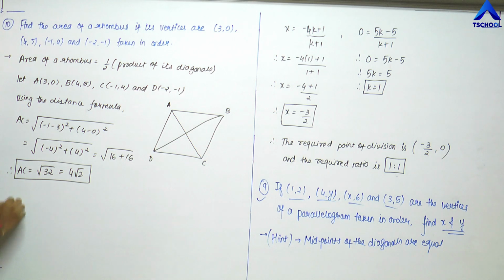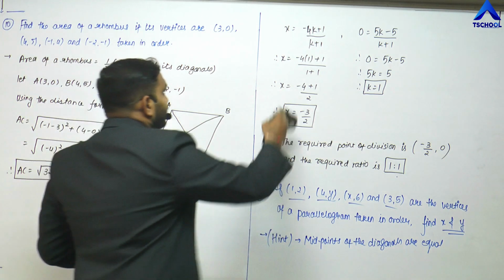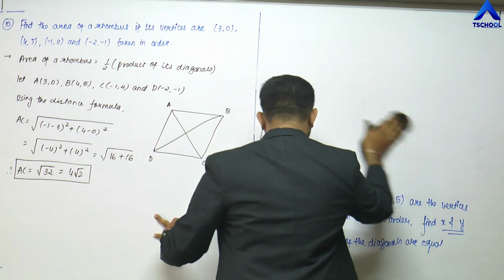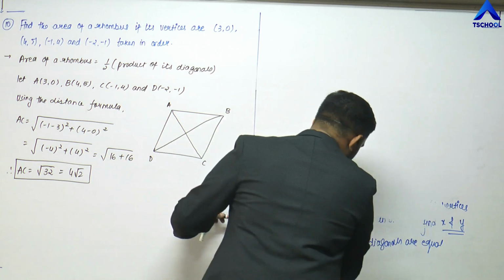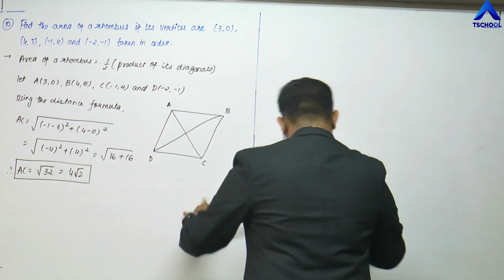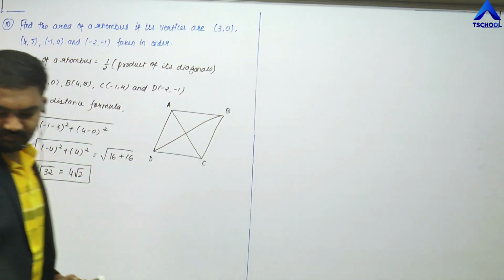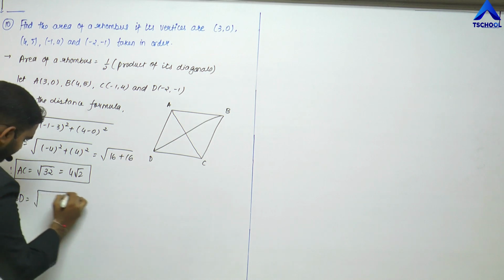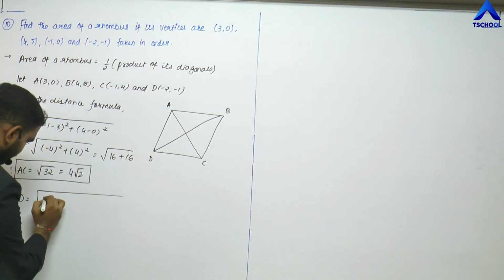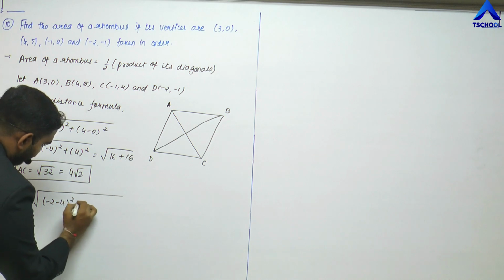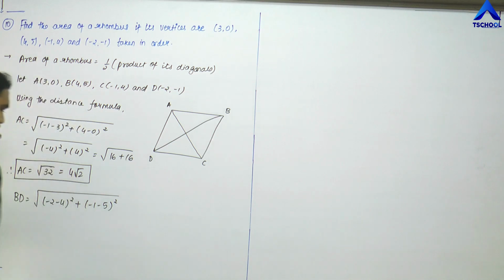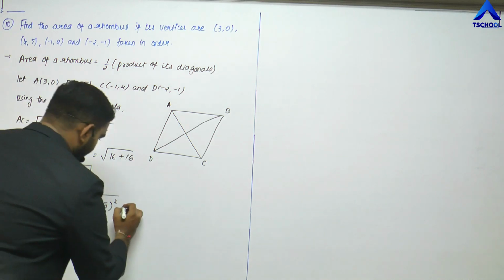Is it clear? We are going to use the distance formula here, not the section formula, friends, because section formula gives us the point of intersection and we require the distance. So rather than applying the section formula, we will apply the distance formula. And we also find BD, that is square root of -2 -4 whole square plus -1 -5 whole square. What is -2 -4?